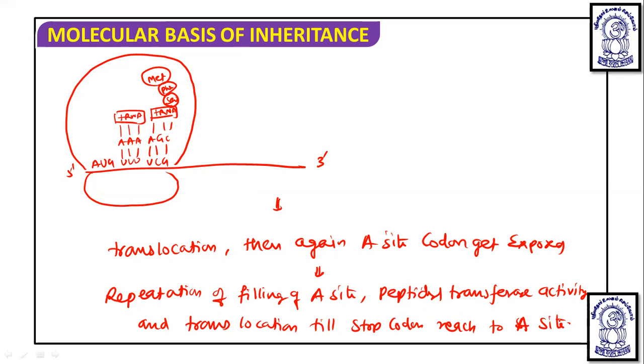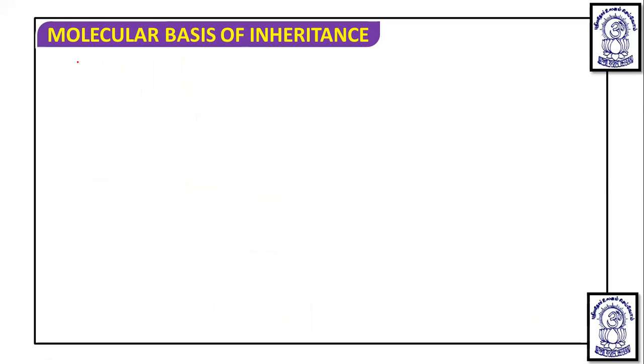So now the stop codon will reach the A site and chain termination will occur. In such a way, the whole mRNA sequence gets translated into the polypeptide sequence. Now the chain termination will occur.